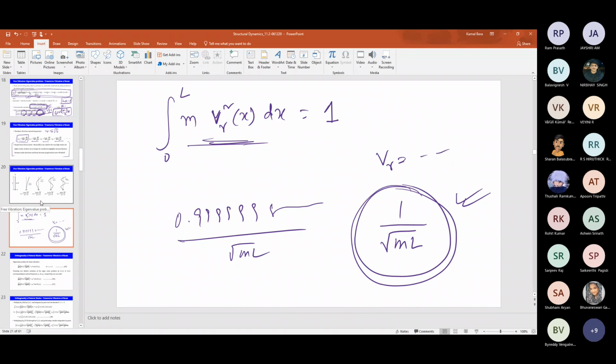If you find the derivation or the mass normalized mode shape for the cantilever beam given somewhere, please let me know. For the simply supported beam it will be given, and that was root over 2 by ml.